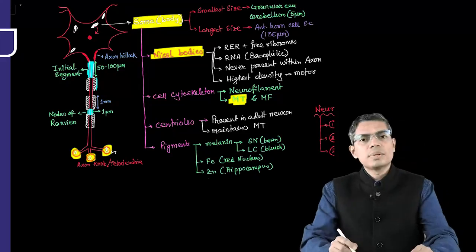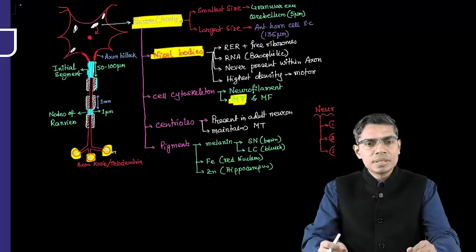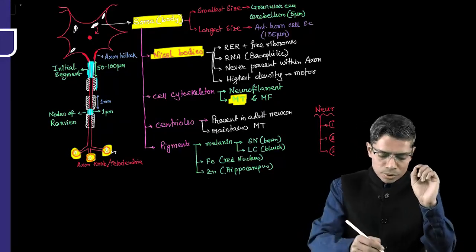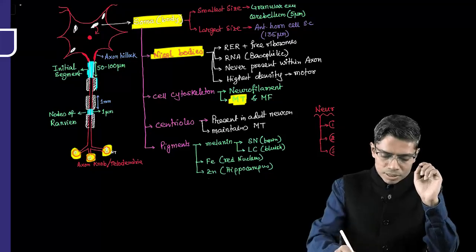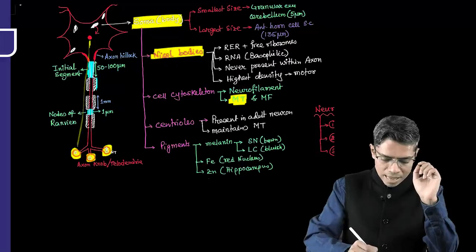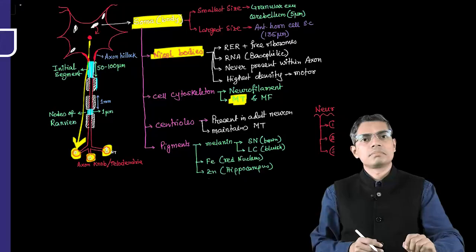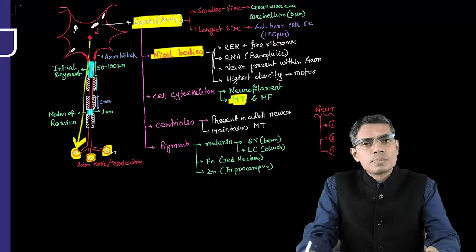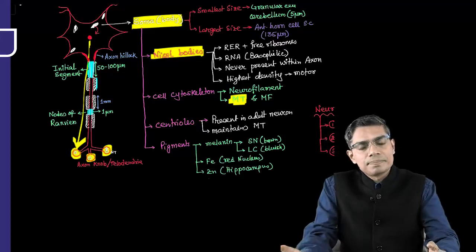This protein may be channels, maybe a pump, maybe sodium-potassium ATPase, whatever. Now I have to transport this protein from the level of this cell body up to the level of the axon end. How to transport this protein inside the cell?